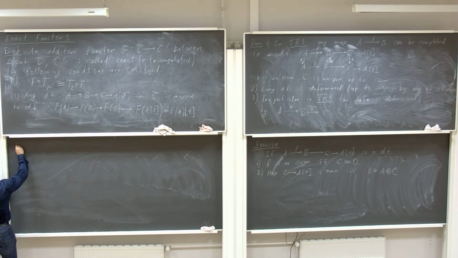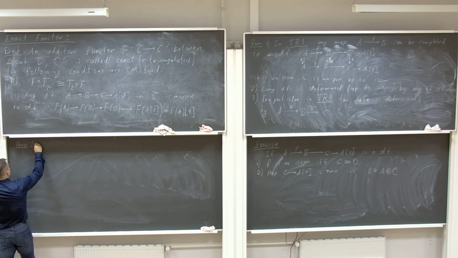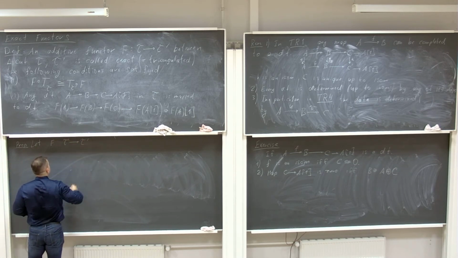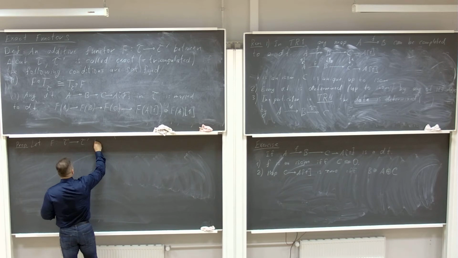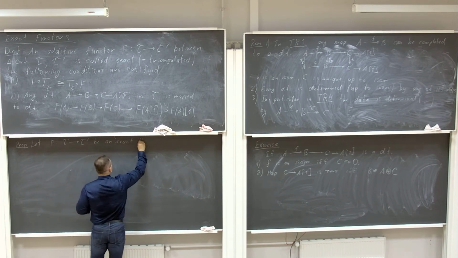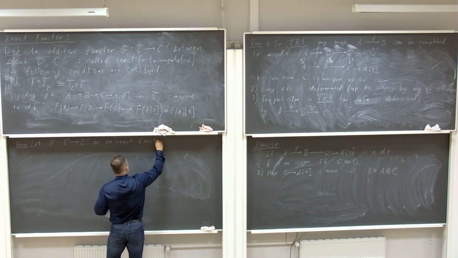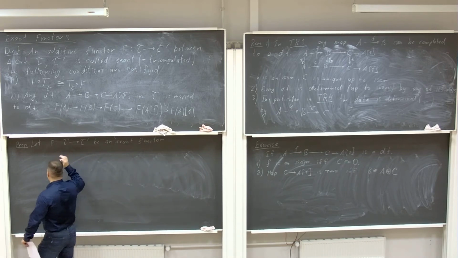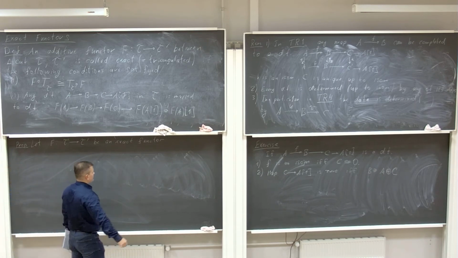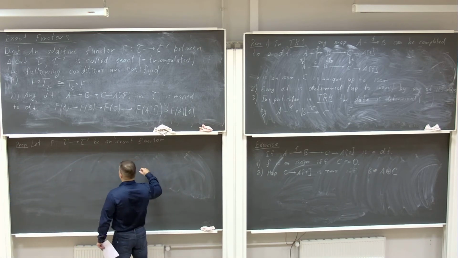And let's now prove one interesting statement about exact functors. Let F from T to T prime be an exact functor, again between two triangulated categories T and T prime, as before.